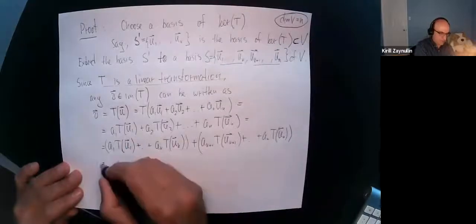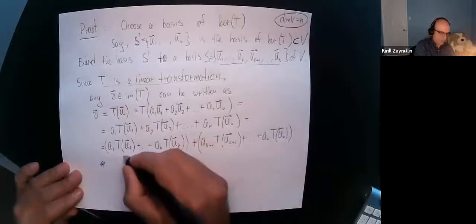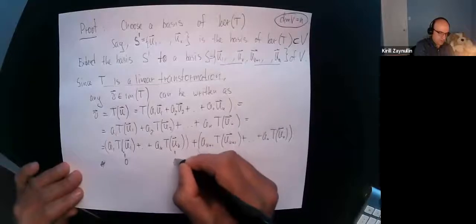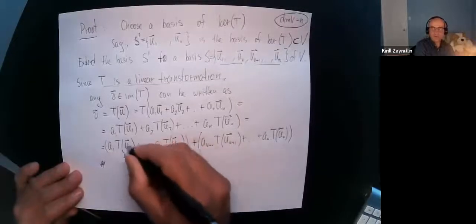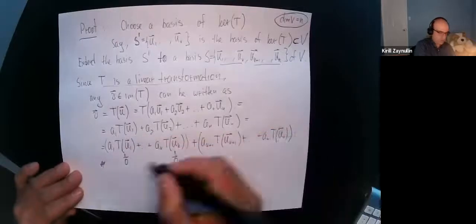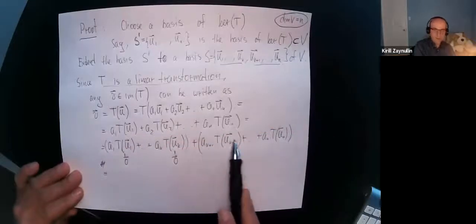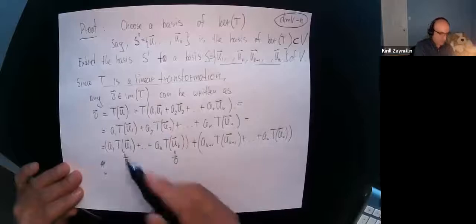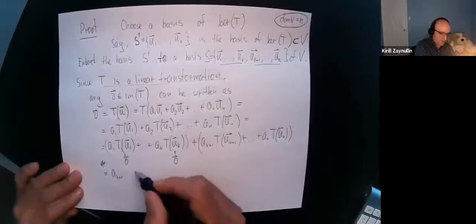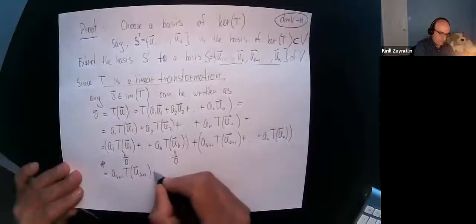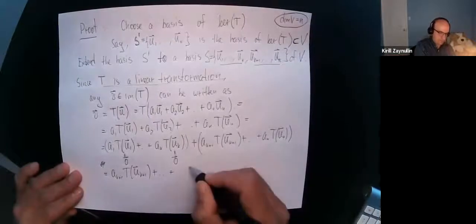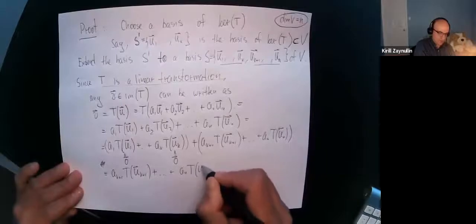In this sum, all vectors in this part are just trivial, they're just zeros. So we'll just get that this expression equals a(k+1) T of u(k+1) plus, and so on, an T of un.